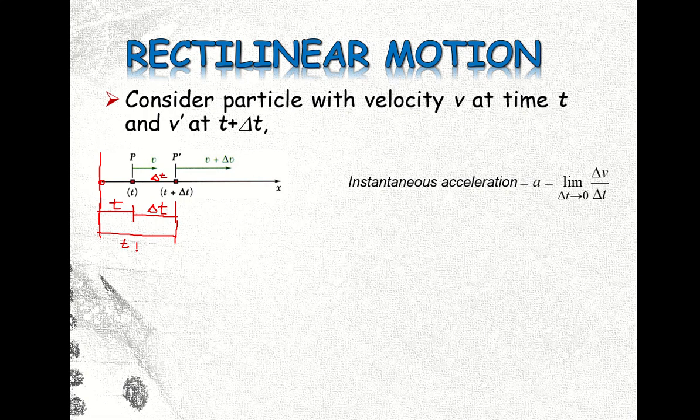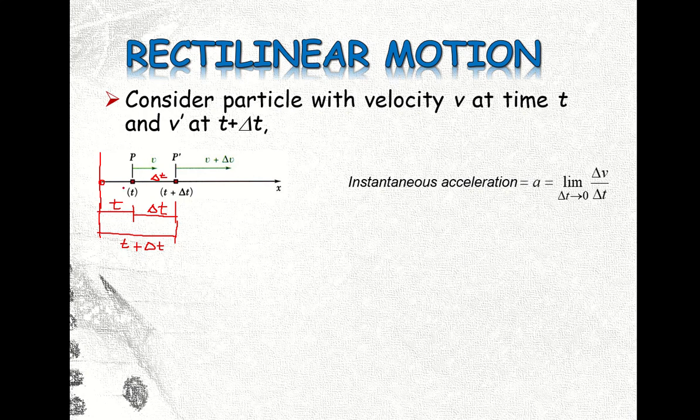That's why here we have t plus delta t. It means that it's the total time spent by the particle changing its position with respect to time. Okay, so from here, the particle is now moving at the velocity v plus delta v.